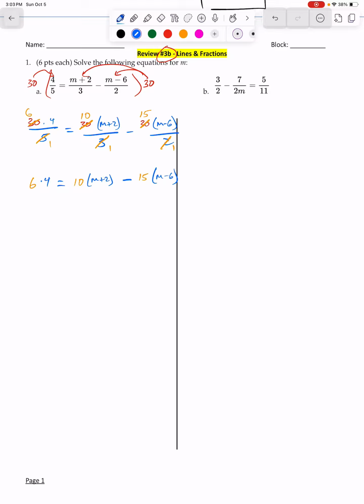And remember with the 10 and the 15 here that you're going to distribute this to both pieces, and what you're distributing here is minus 15 in both cases. So that what we get is 24 equals 10m plus 20 minus 15m plus 90. 15 times 6 is 90.